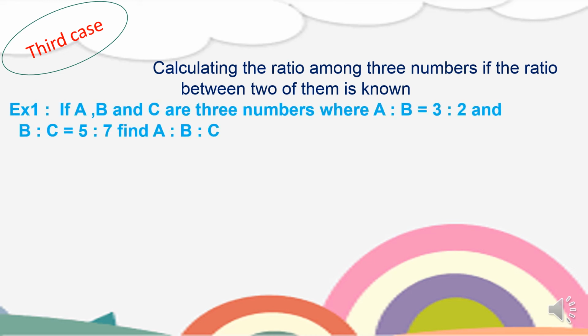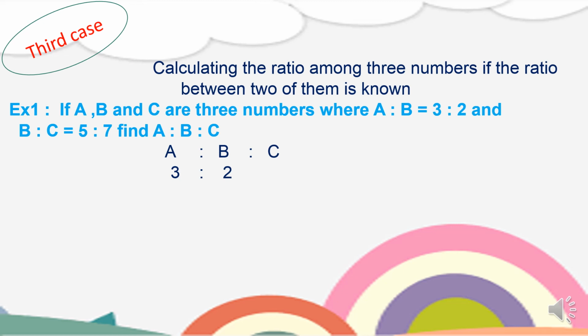Okay, example. If A, B, and C are three numbers, where A to B is 3 to 2, and B to C is 5 to 7, find A to B to C. Firstly, I write A to B to C because I have three numbers, A, B, and C. I have a ratio between A and B, so I write under A and B the ratio between them, A to B, 3 to 2.